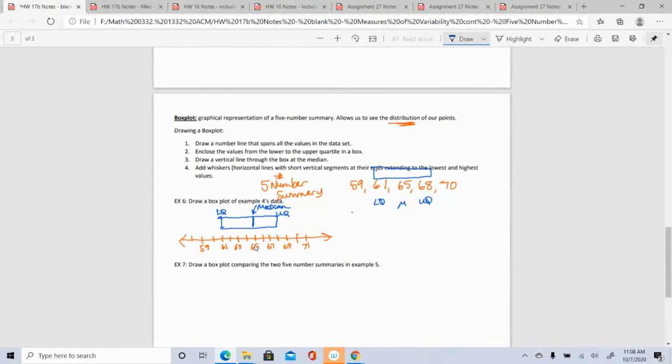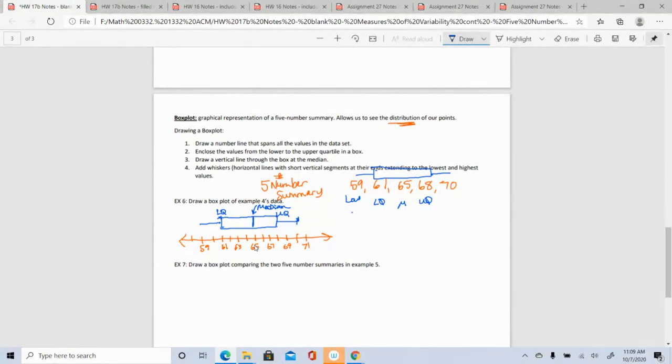The median is. And then what you're going to do is make little whiskers, I think they call it, to go to the upper and lower limit of it, or the highest point and the lowest. So we're going to have just a line coming off the middle, go to 59, and over here goes to 70.